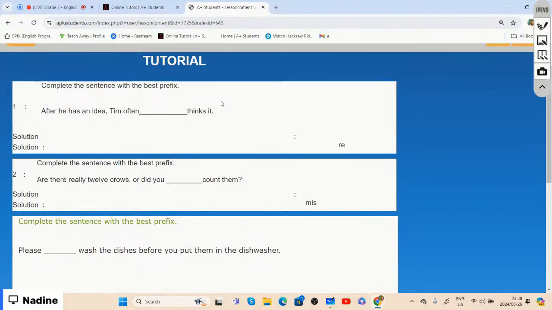Remember, a prefix is what we put in front of a word. It says, after he has an idea, Tim often thinks it. If you want to think something again, do we rethink something? Do we prethink something? Or do we misthink something?